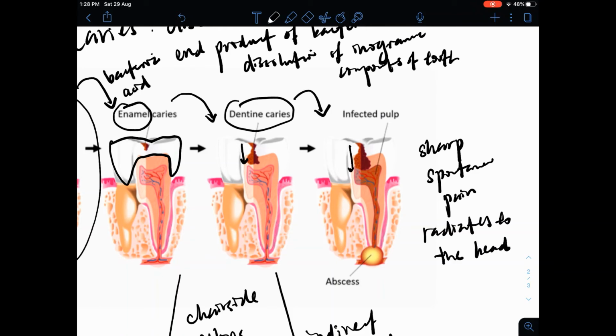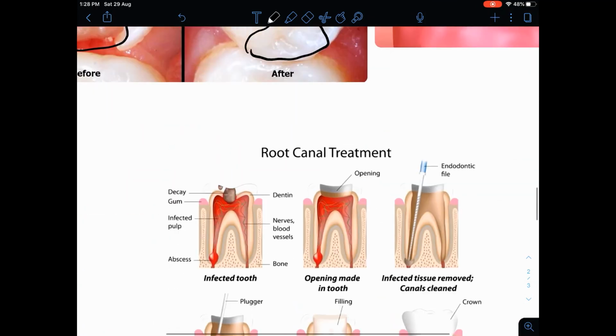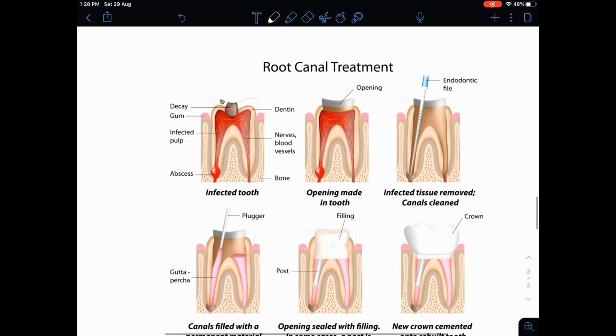The patient may also be awakened from sleep due to toothache. These are the symptoms of irreversible pulpitis. For irreversible pulpitis, the patient needs to receive root canal treatment.